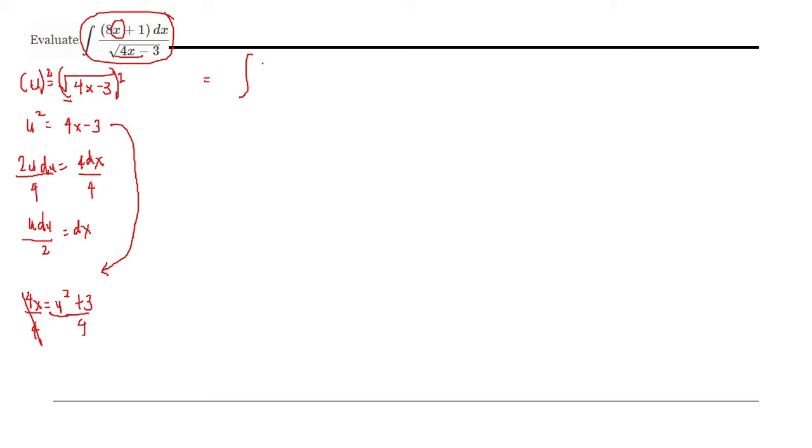This will now be 8 times x, which is u squared plus 3 all over 4, plus 1, over the square root of 4x minus 3. The square root of 4x minus 3 is just u. And our dx is u du over 2.